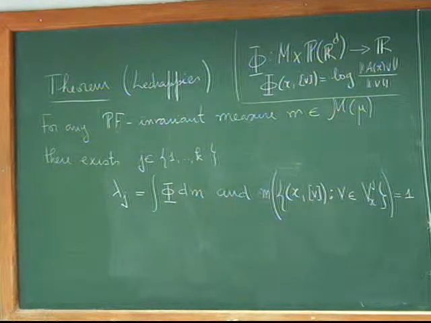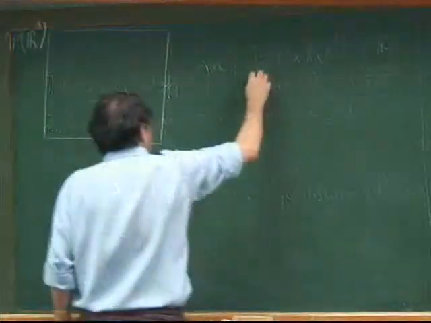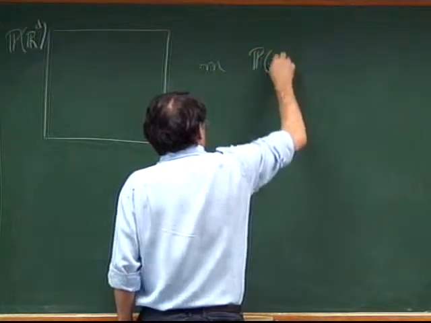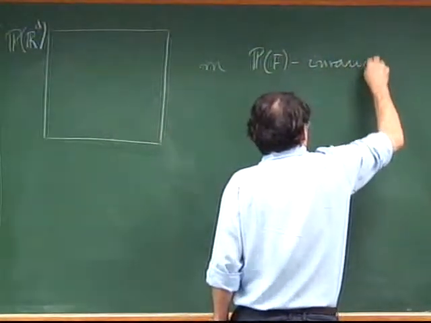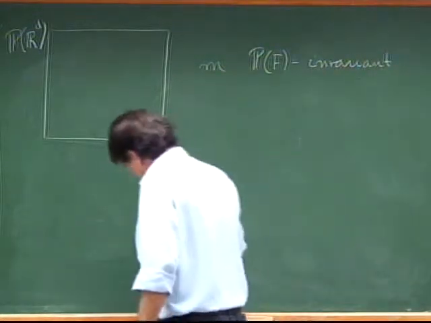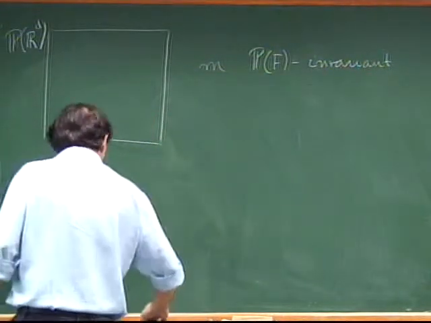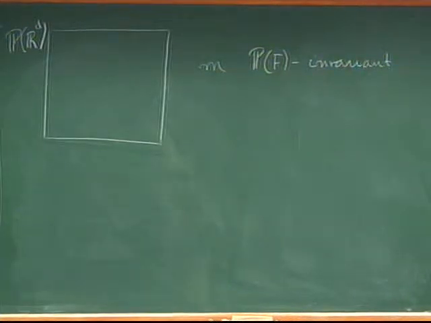So I have this product. It's very difficult to draw pictures because we don't have much dimension. So you have to use your imagination. But what this is saying is that you take m invariant, then there exists some j.